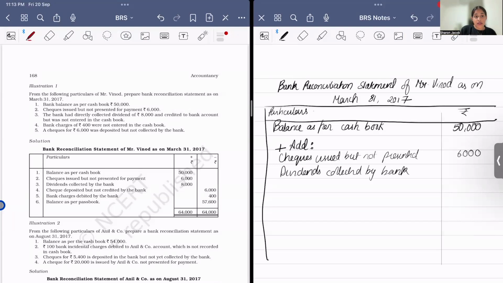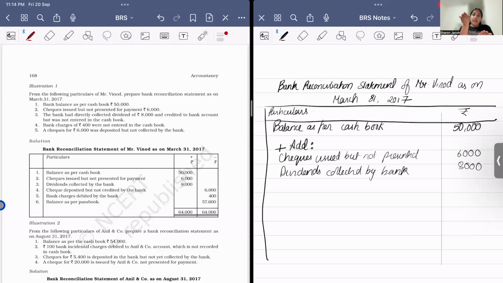What is the amount? 8,000. Yes. Bank charges were not entered in cash book. So what does that mean? Bank charges mean bank account balance is reducing or increasing? Reducing. So starting off with equal position, cash book, passbook. Bank charges, meaning bank balance is reducing. We have to move the left hand. Bank balance is reducing, not entered in cash book. Cash book balance is still high.